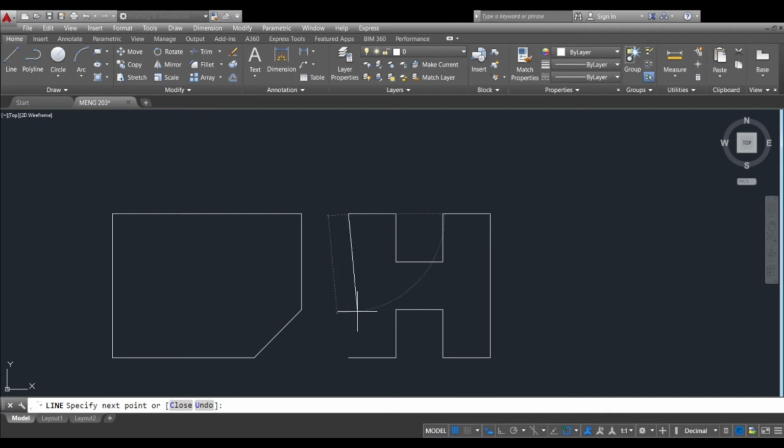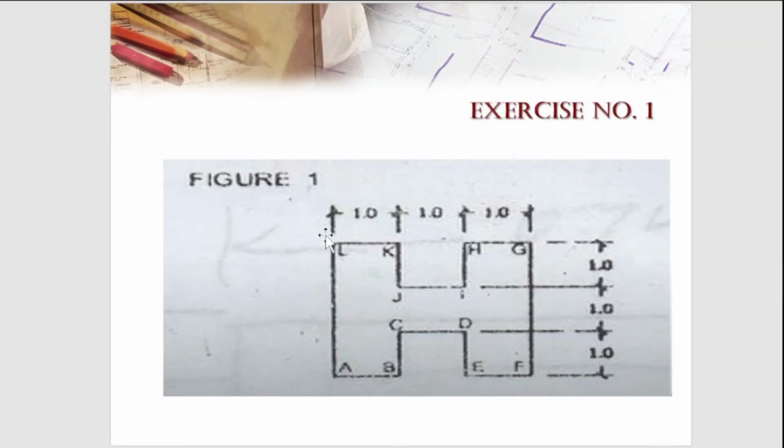Okay, and then going to the last point. To close the figure we use the polar coordinate, from L to A. So we have 3 units downward. We can also use negative 90 for angle or positive 270.